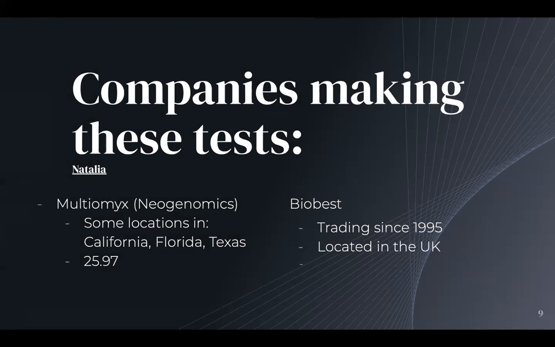It is located all over the United States. Some of the most common areas are California, Florida, and Texas. And for the value, one that I was able to find online was 25.97. And then the other company was BioBest. They have been running since 1995, and their location is in the UK.